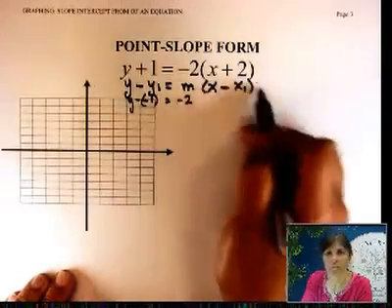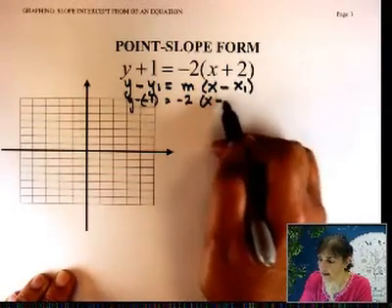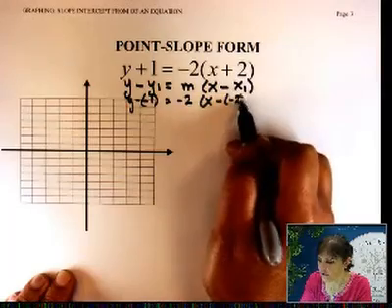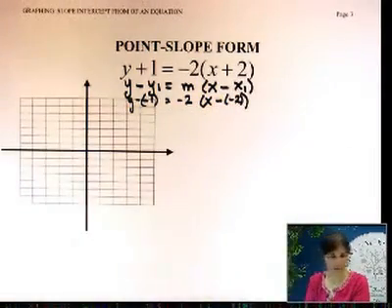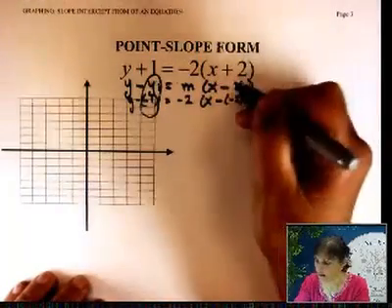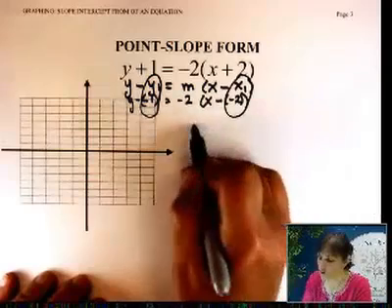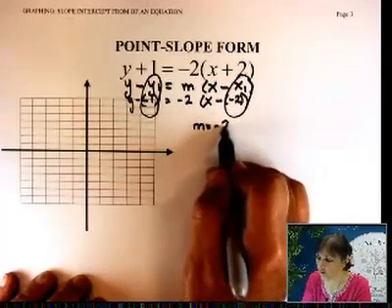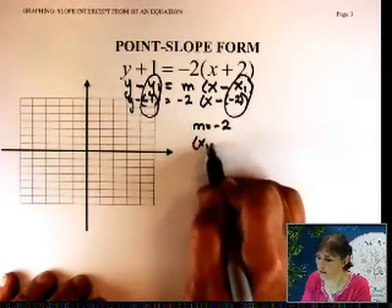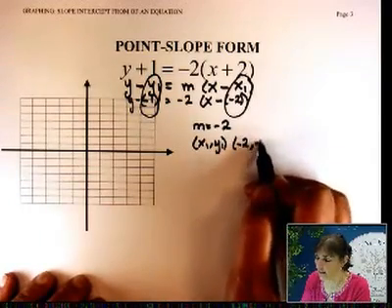I do that only for the parentheses part. x, negative, negative. That way, do you see it? This and this line up. That way, this and this line up. And I'll explain it another way as well. So my m is negative 2, and my x1, y1 is simply negative 2, negative 1.